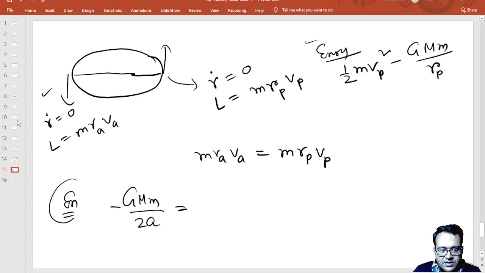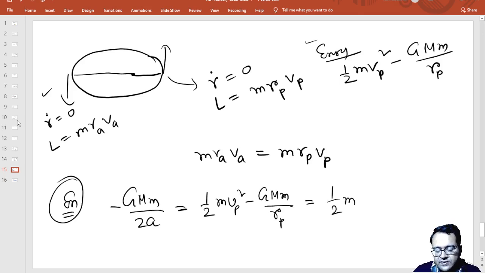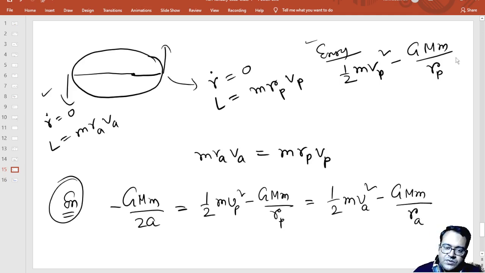So this energy should be equated with half of m v p square minus GMm by r p. This should be equal again to half m v a square minus GMm by r a. So all these things will have applications.